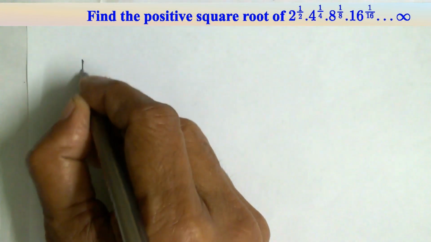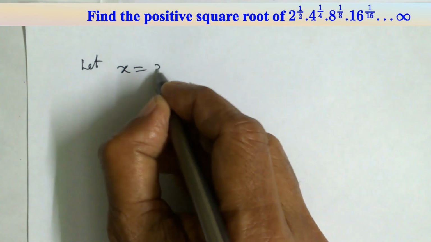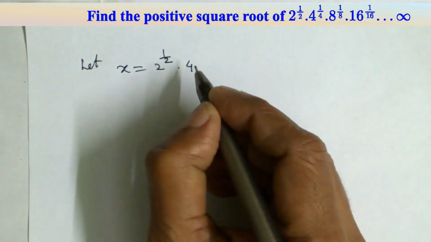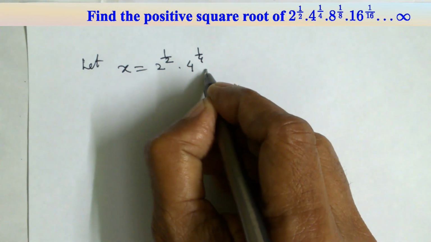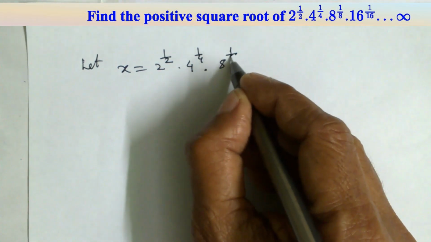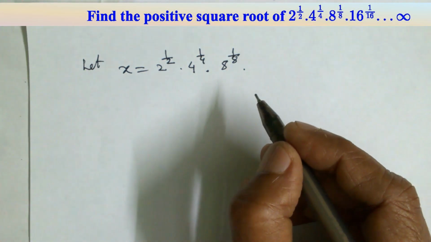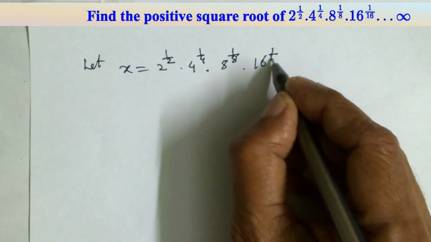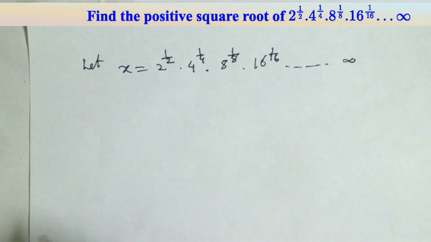First, let x be equal to 2 to the power half into 4 to the power 1 by 4 into 8 to the power 1 by 8 into 16 to the power 1 by 16 and so on to infinity.